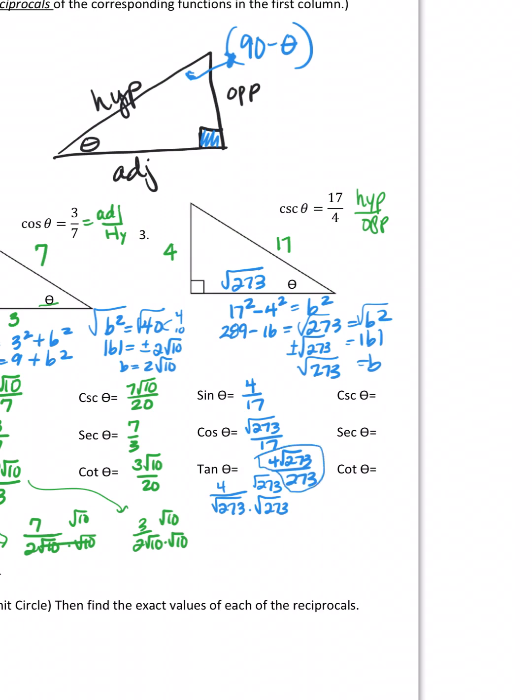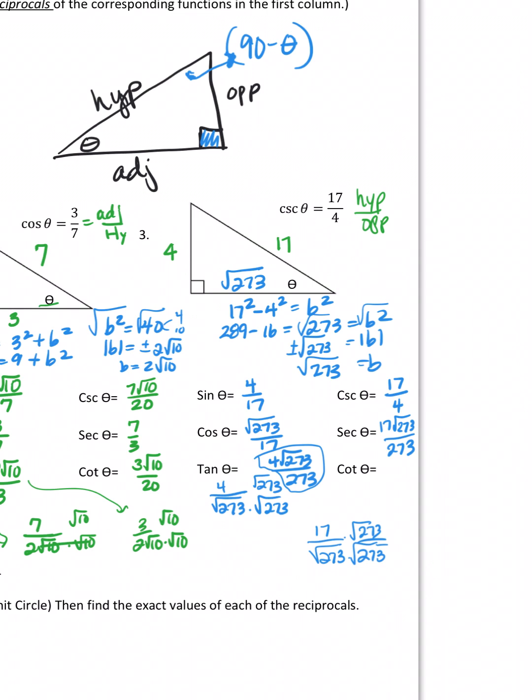Okay, now cosecant, if I flip it, 17 over 4, that was given, right? On secant, when I flip this over, I'll have 17 over the square root of 273. When I multiply, I have 17 square roots of 273 over 273. I can't reduce that, so leave it as it is. It's okay.